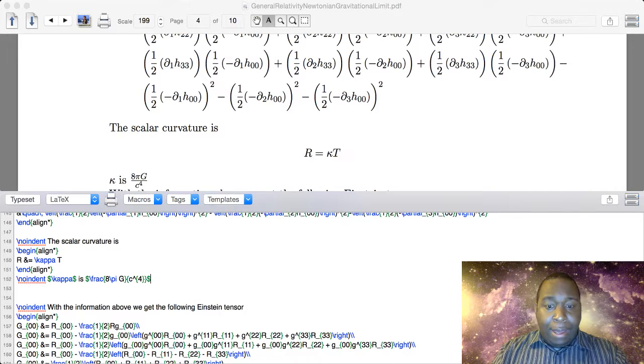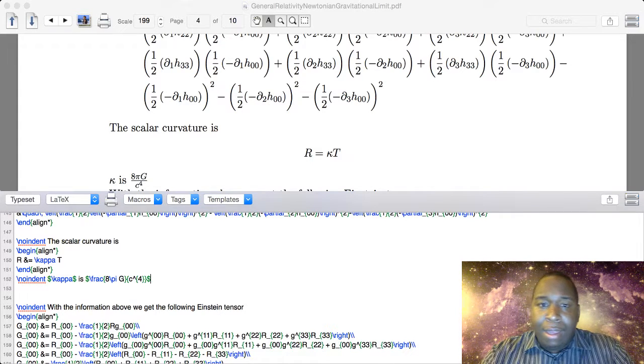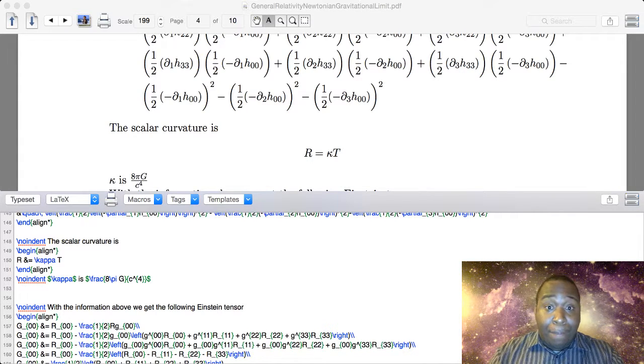And it turns out that T there is basically the trace, or it's basically the sum of the diagonal elements of the stress energy tensor multiplied by the corresponding diagonal elements of the metric.